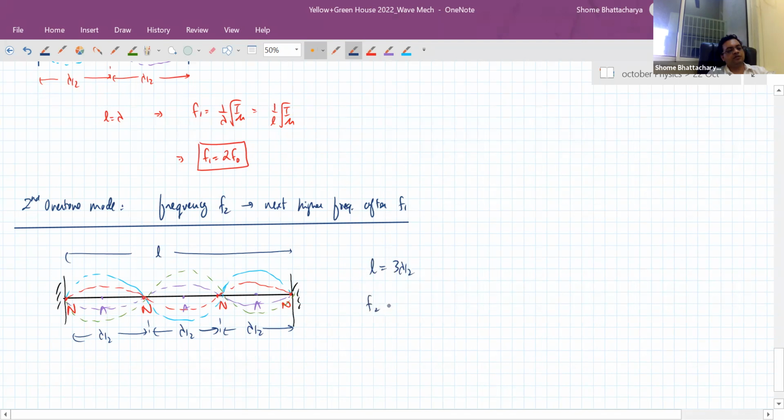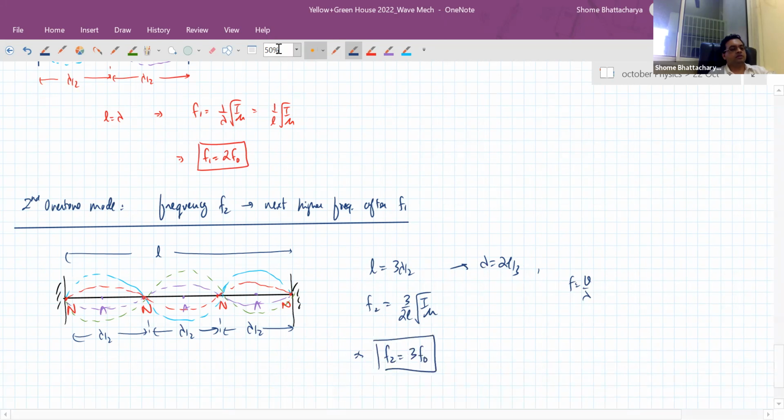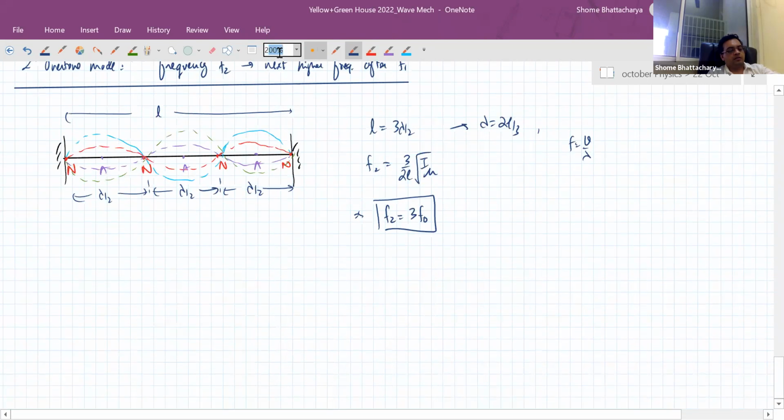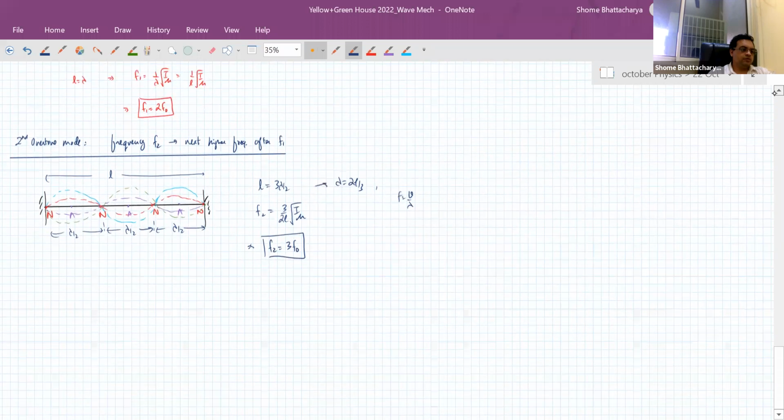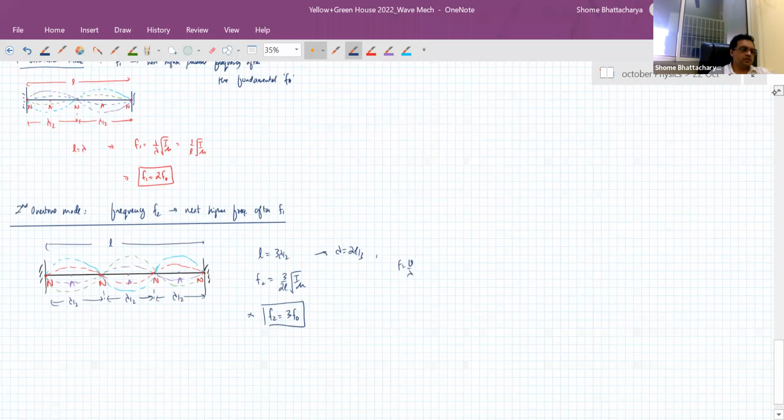The frequency of this second overtone becomes 3 by 2L square root T by mu, because lambda is 2L by 3 and frequency is v by lambda. If you compare this with the fundamental again, you will see that this is 3 times the fundamental frequency. So this sequence follows as a series as we go from the fundamental to higher and higher frequencies.